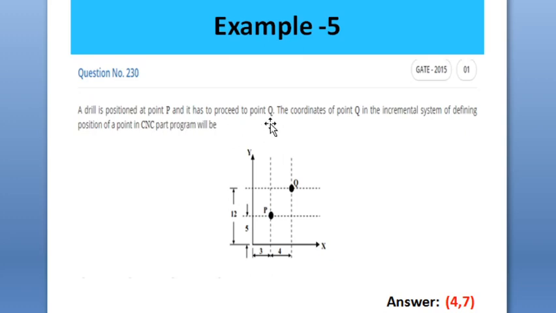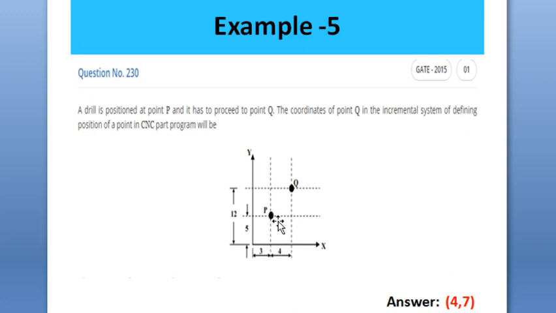We have to find out point Q in incremental mode. This sketch represents the drilling operation. The point P is defined as 3, 5. At point P, the values are given here.